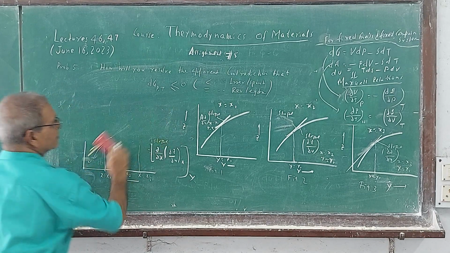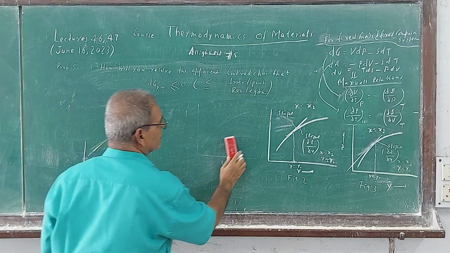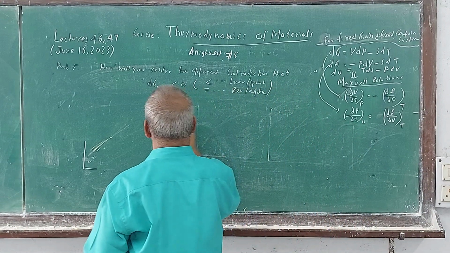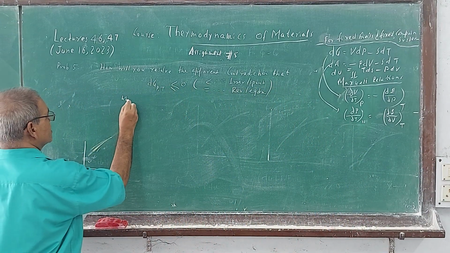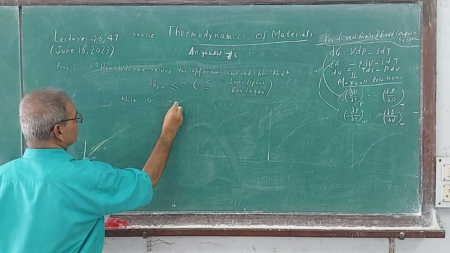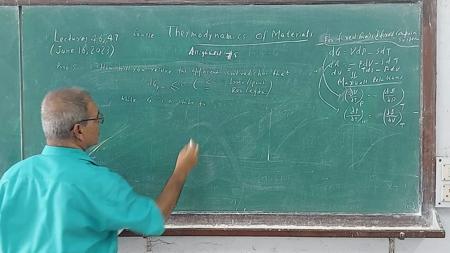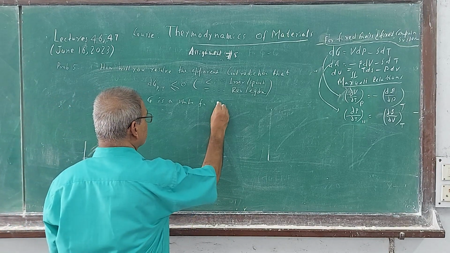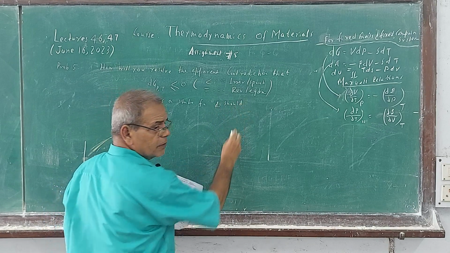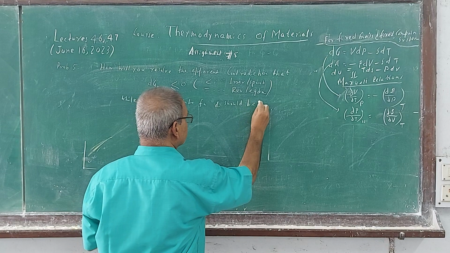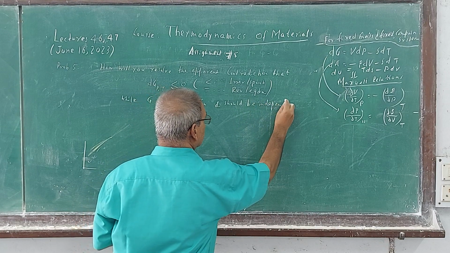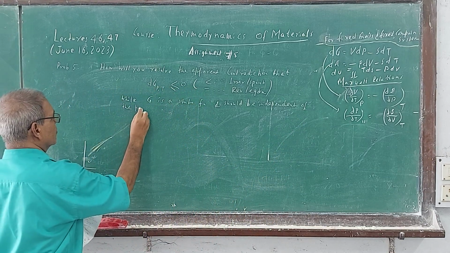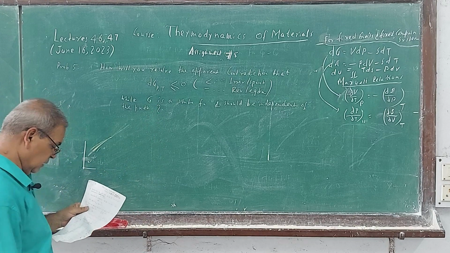Can you remove these figures? While G is a state function and should be independent of the path. This state function should be independent of the path.